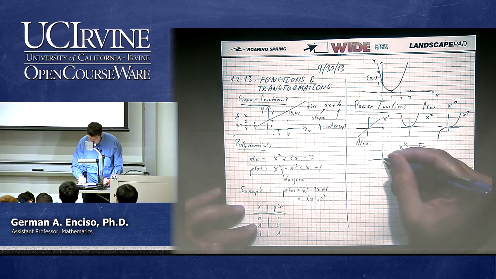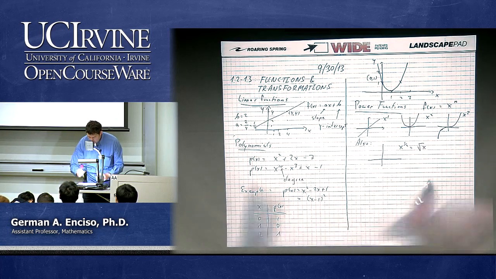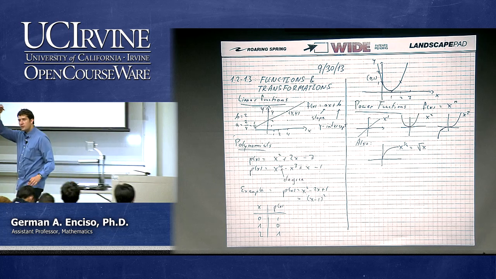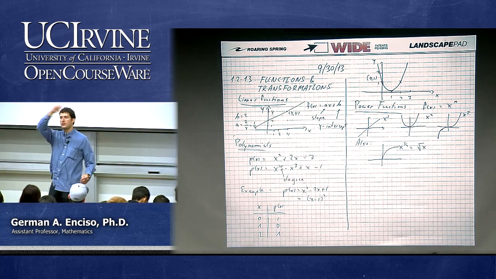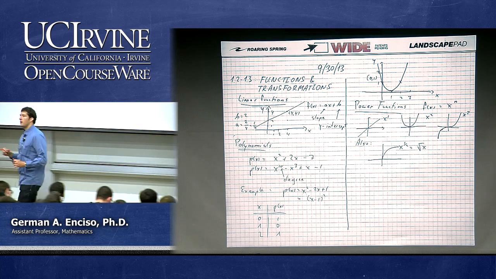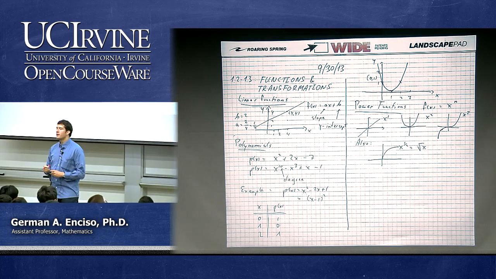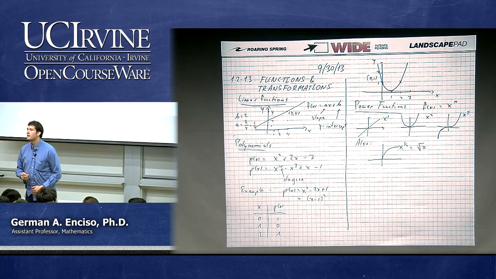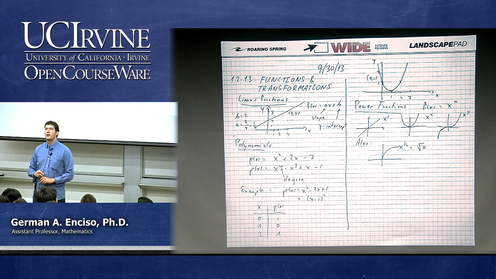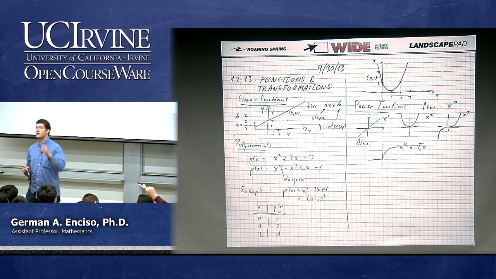Now, here's something interesting. Do I also draw the bottom part? Do I draw a whole parabola here? Why not? Well, how about in terms of what we talked about last time?